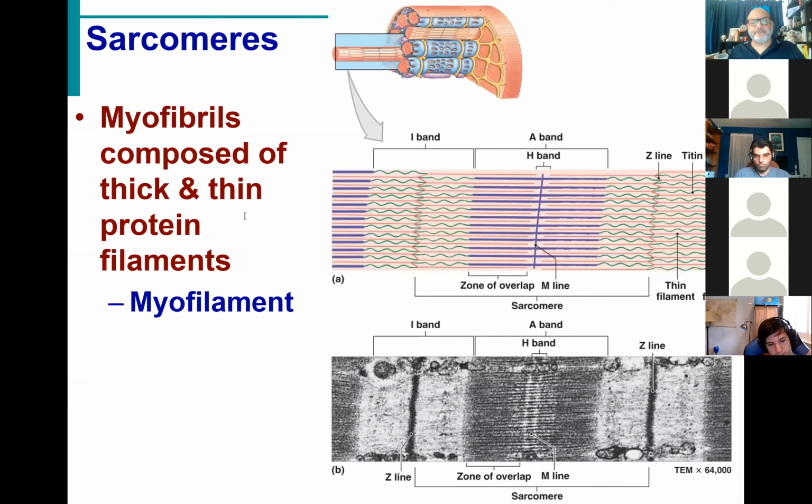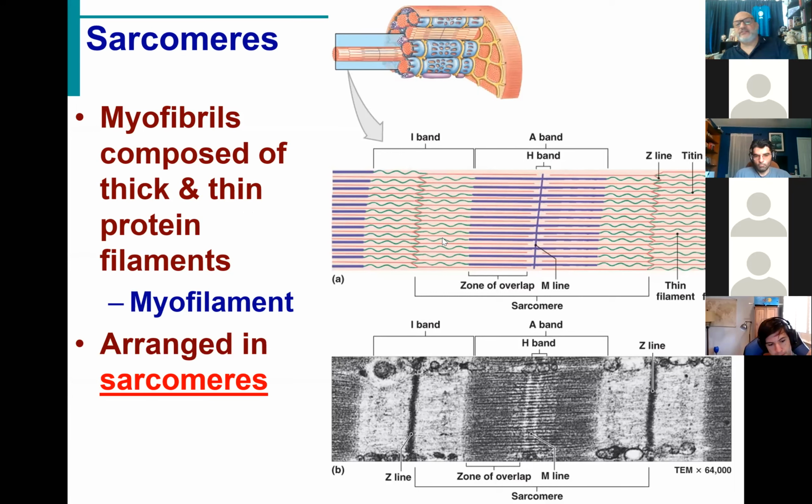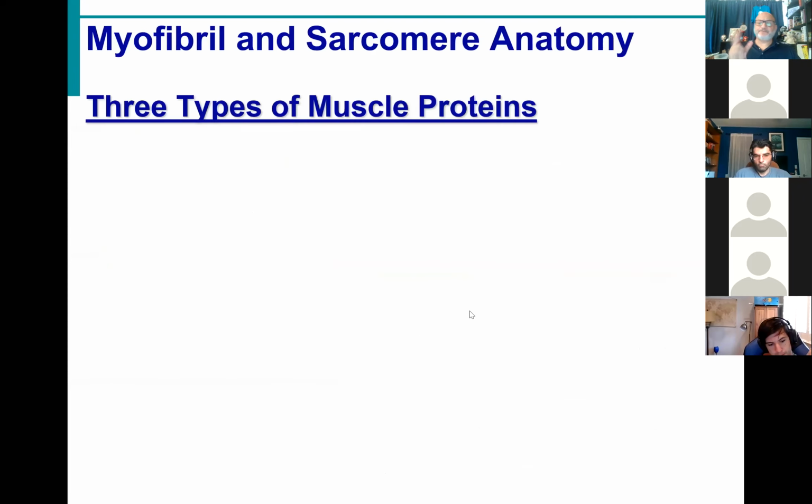All righty. Our goal now is to break down the myofibril. And as I mentioned, that myofibril is comprised of a repetitive pattern of proteins that we call a sarcomere. So what we need to do is talk about the anatomy of the sarcomere. To do that, we have to talk about proteins. So let's go back to our whiteboard.